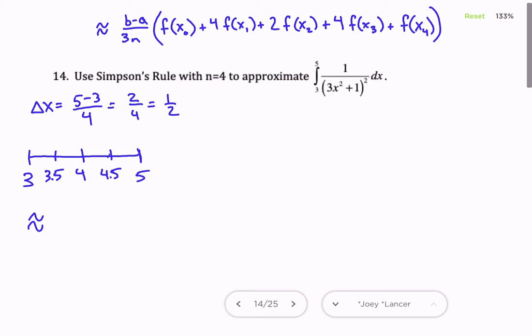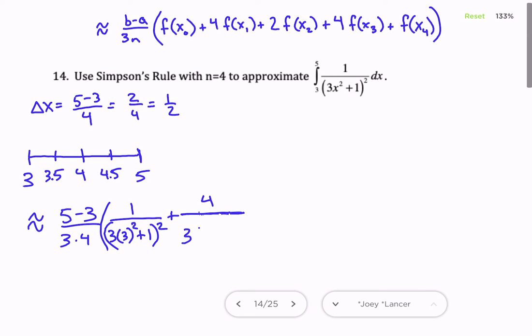All right, and these are kind of long, so I'm just going to start over on the left-hand side. So let's apply Simpson's rule, b minus a over 3n. So that's going to be 5 minus 3 over 3 times 4. And it's just going to be one of the first y values. So that's going to be f at 3. So that's going to be 3 times 3 squared plus 1 squared. And then we want 4 of the next one. So that's just going to make the numerator 4 there. And it's going to be 3 times 3.5 squared plus 1 squared.